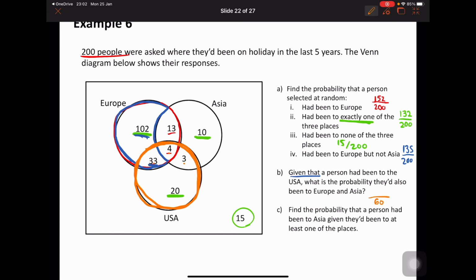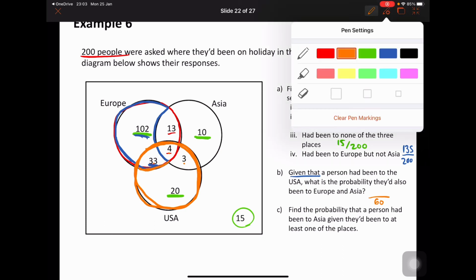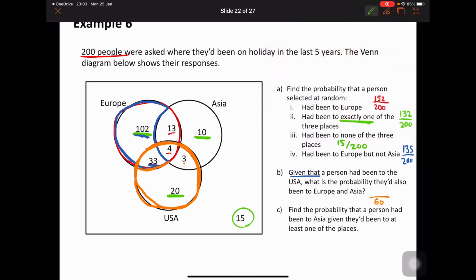Europe and Asia. What is the probability that they've also been in Europe and Asia? Okay, so that would be... It might be better to use a different colour actually. This region here. These people, out of all the people who've been to the USA, these 3 groups have people who've also been to Europe and Asia.